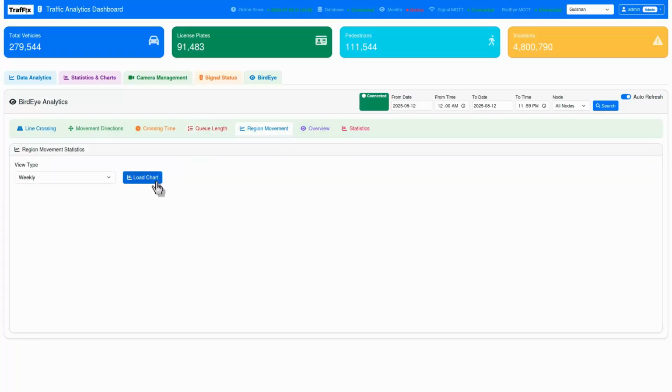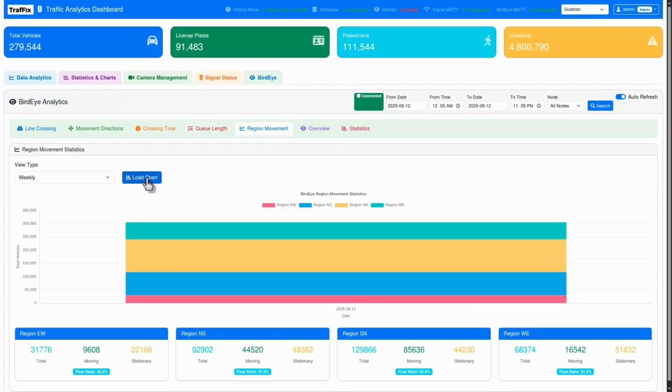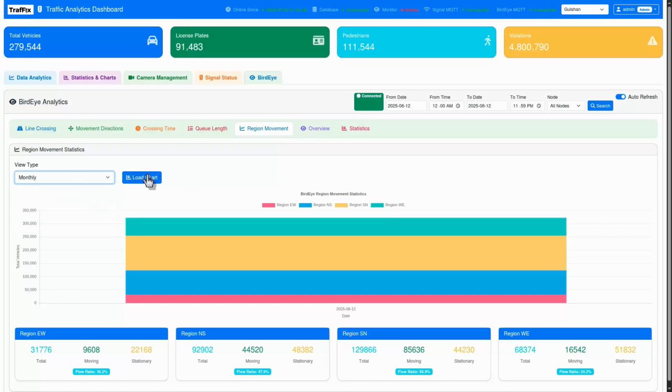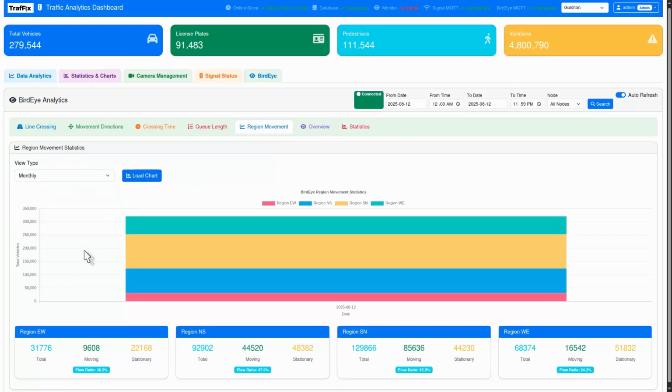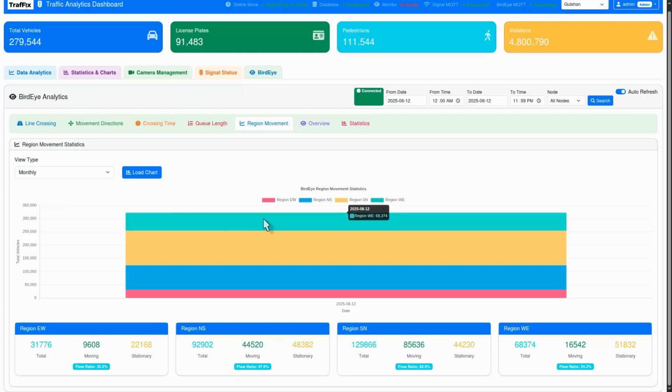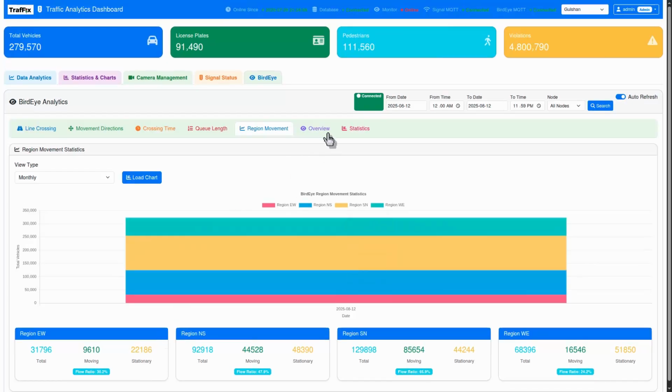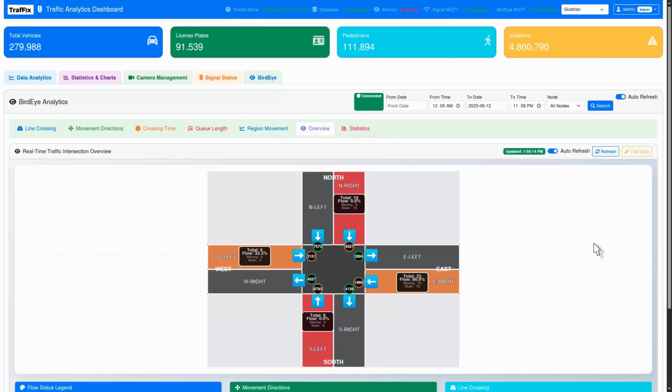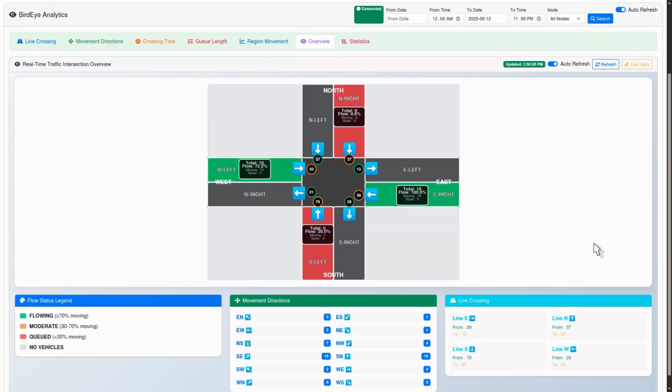Then comes the region movement. There are four regions that are actively controlled by the traffic signals. So on which region how many vehicles were moving and how many vehicles are stationary, and the trend of their movement, from which we count the flow ratio on a monthly or weekly basis.